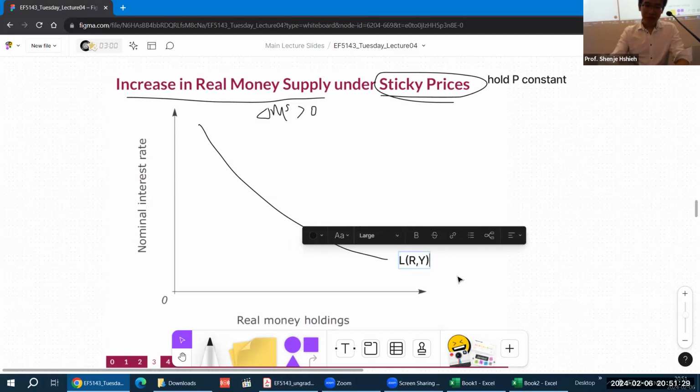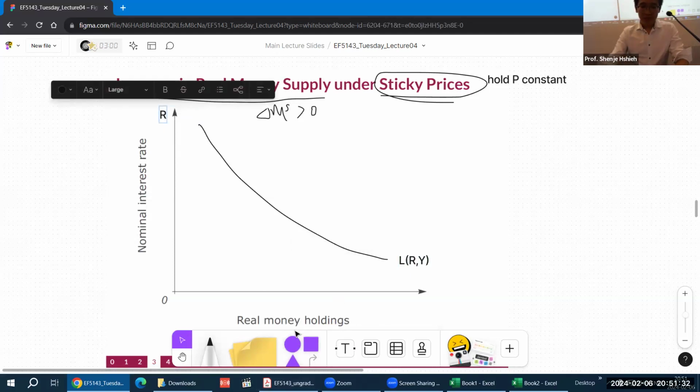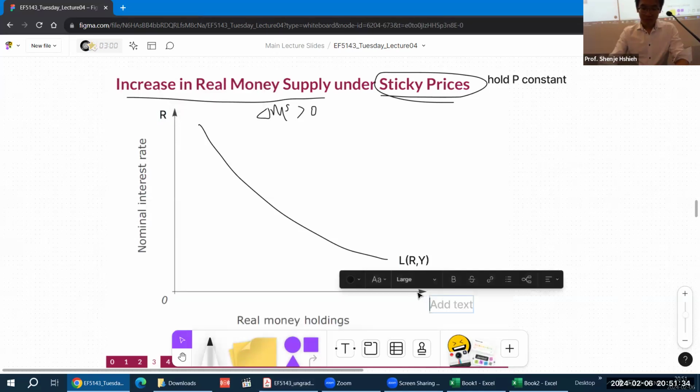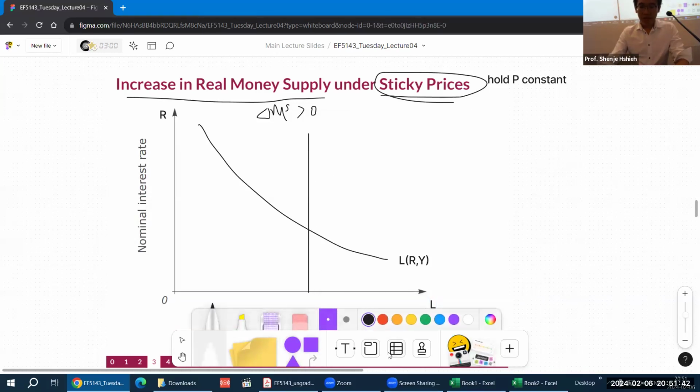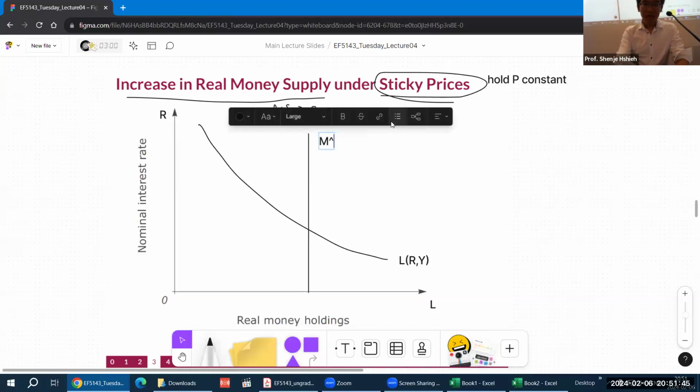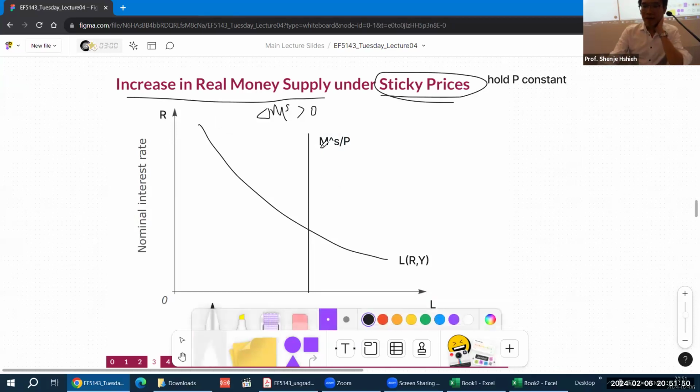I'm going to quickly label everything and then draw the money supply curve, MS over P. If we have constant P and the numerator increases, this entire curve will shift away from the origin.